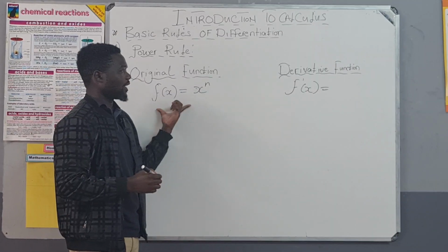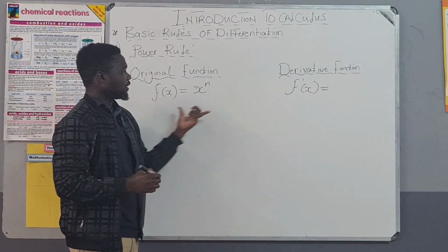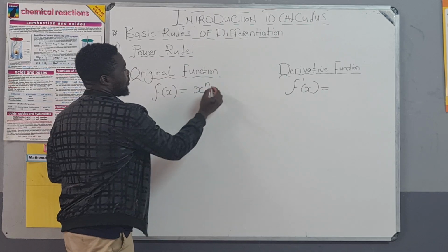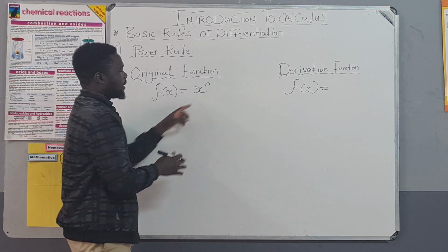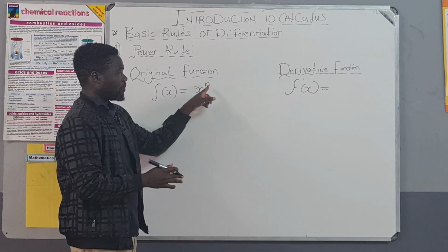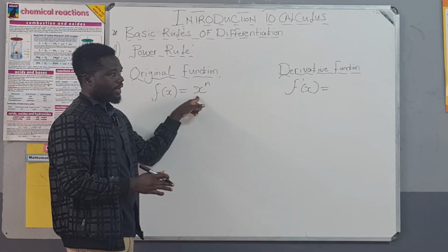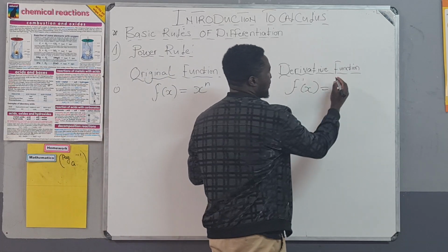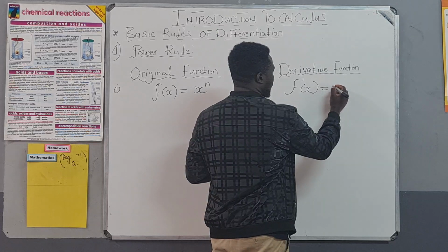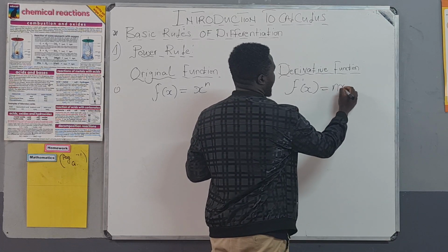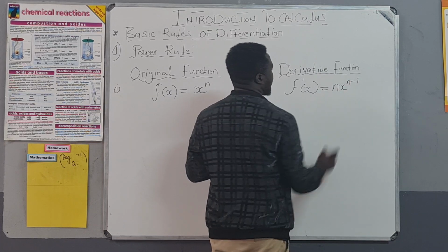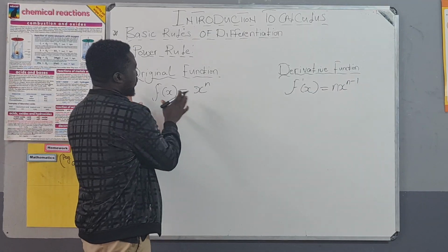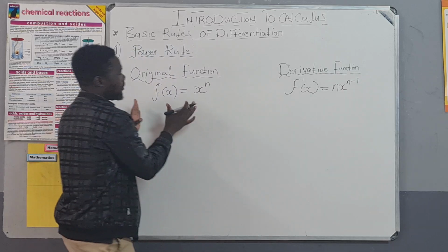You must multiply the index n times x, and then you minus 1 from the index. So the derivative function will be nx to the power n minus 1. So you have found the derivative function of the original.